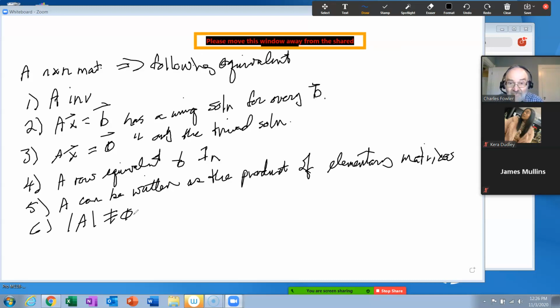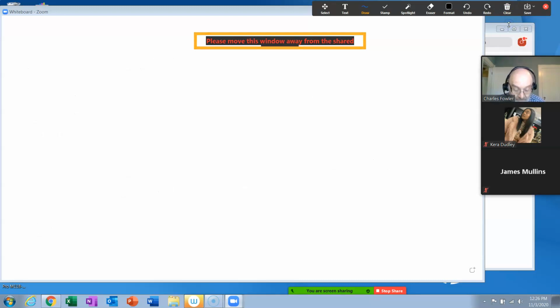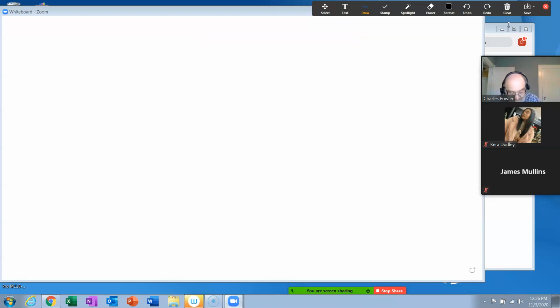Let's do example 5. All right, to erase. And it says here, which of the systems has a unique solution? And I hate doing this, but I'm going to do it.